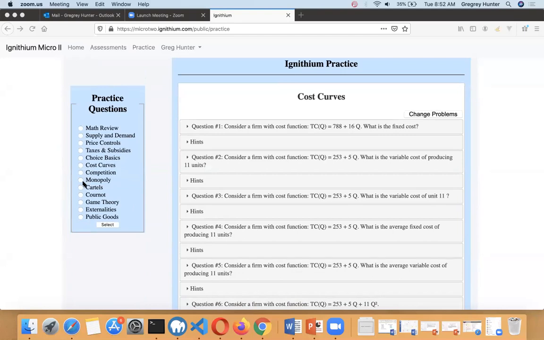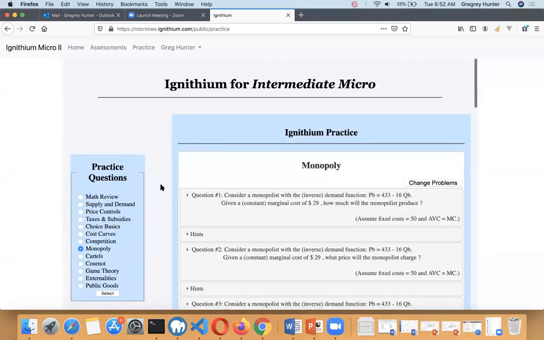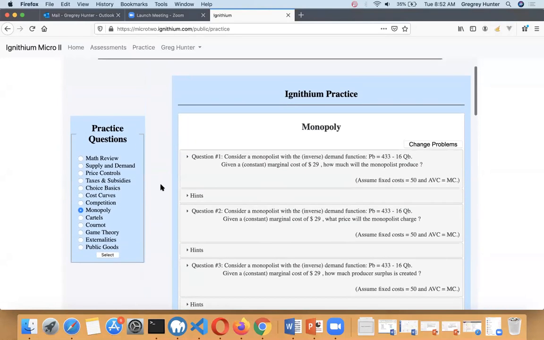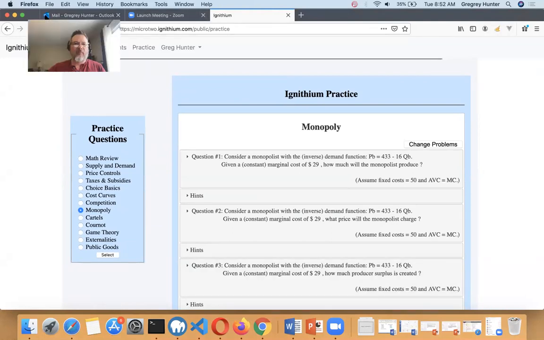So let's go ahead and talk about the next assignment that you guys should be working on, the monopoly assignment. Okay, I misspoke last time, and I'll put it in the chat, just so you guys know.